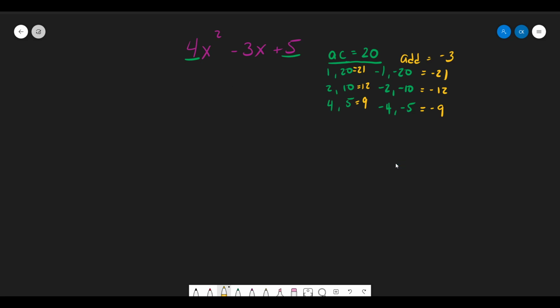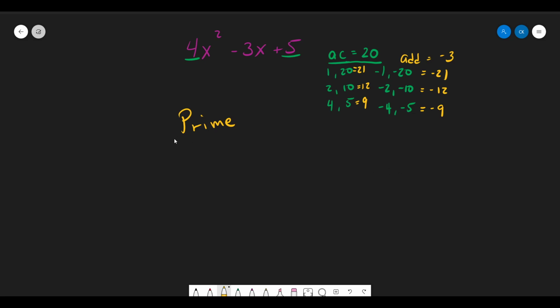So I end up where I don't have any of my factor pairs adding to be my middle term. Well, if that happens, just like with my other trinomials, when we find a situation like this where we can't find a factor pair that adds to be the middle term, this is what we call a prime polynomial.